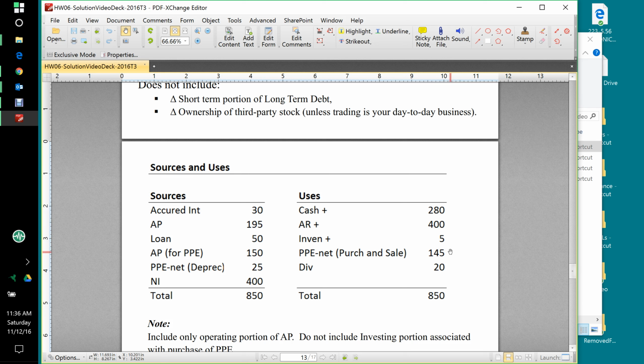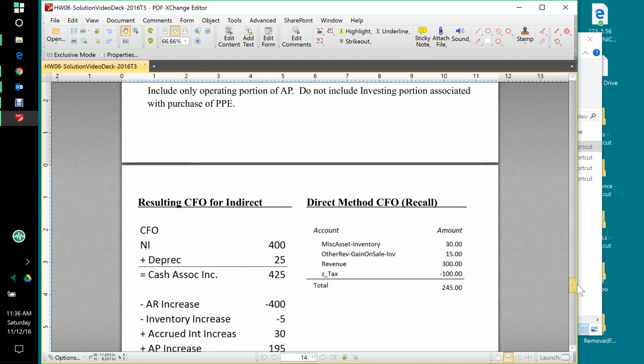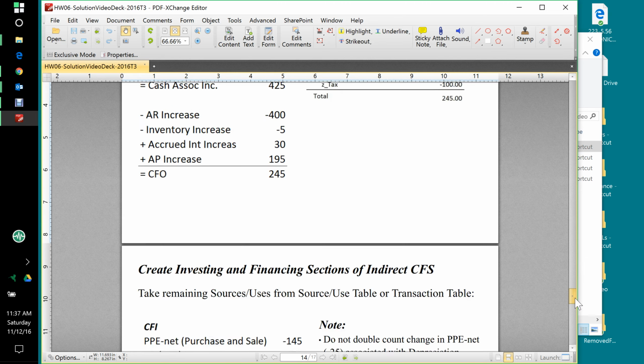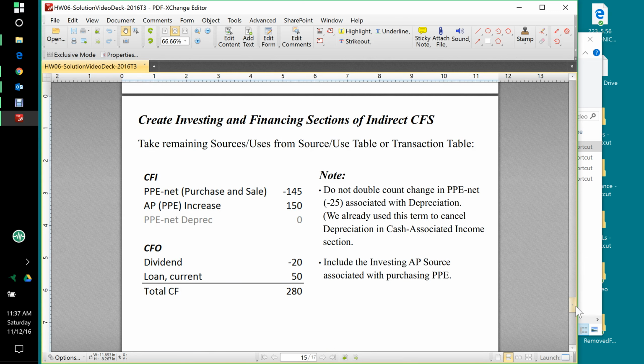So this will also be investing here, and the dividend is, of course, financing just like the loan. So let's see what we got here.